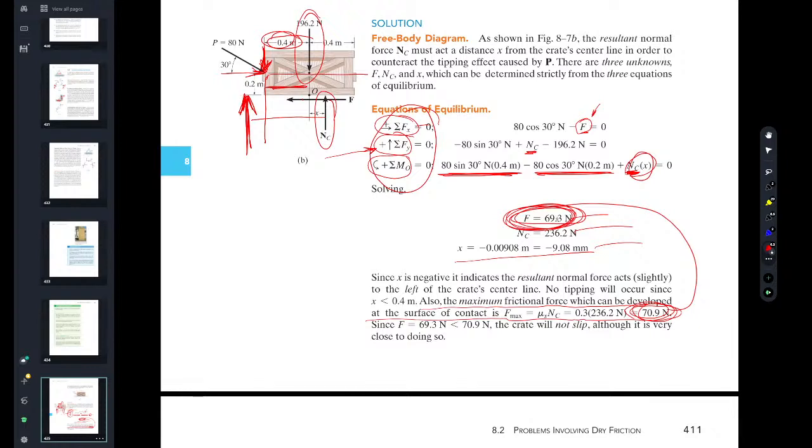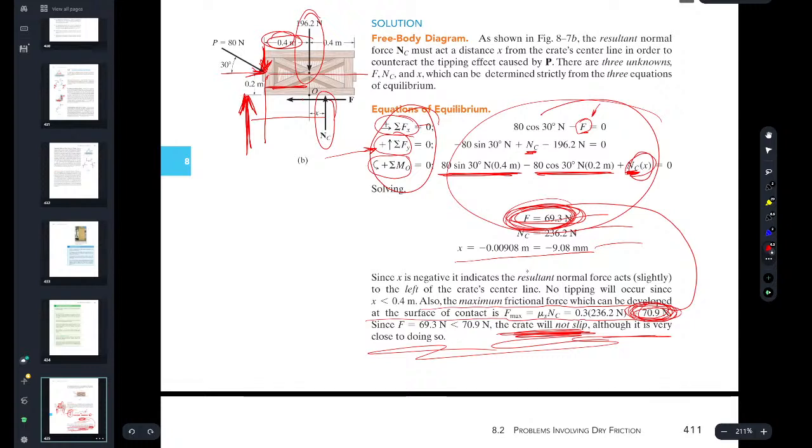I'm sorry. This force happens to be slightly less than the frictional force that it can take. So it says the crate will not slip, although it's close to doing so. So this is a pretty good problem. It's not mathematically complex, but this part is very important because this gives you the logic of what's happening.